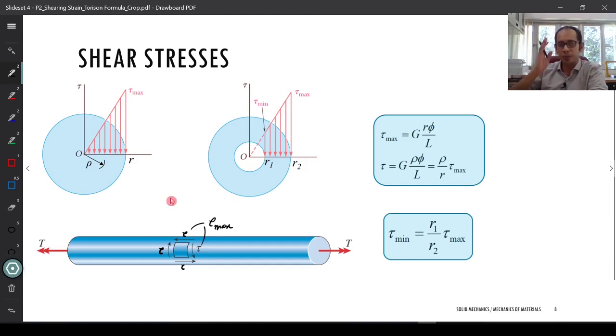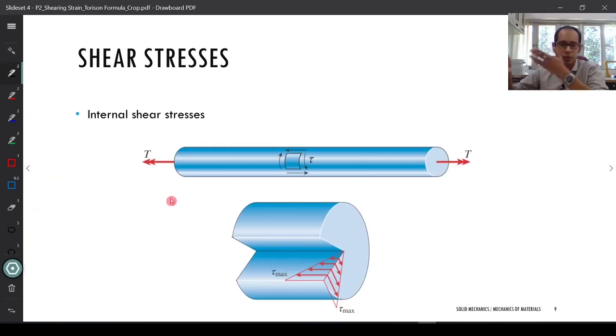So if you take a cross section and look at the inside, a zoomed in view, how does this shear look like? It looks something like this. At the exterior, this is that exterior element, this is that tau max I was looking at on the outside. This is how the shear varies, tau max and tau max.